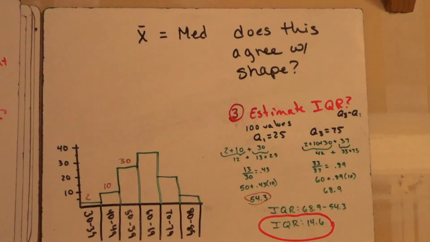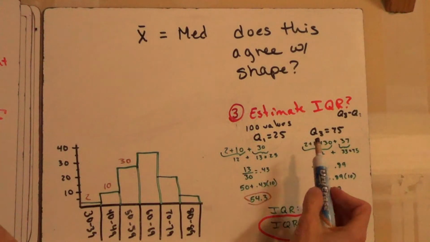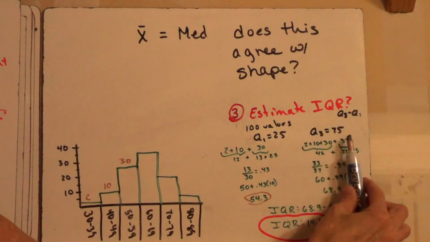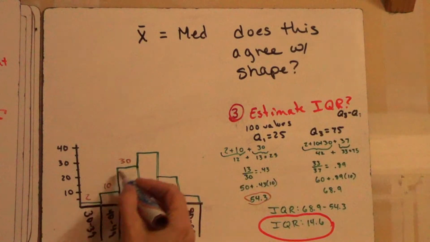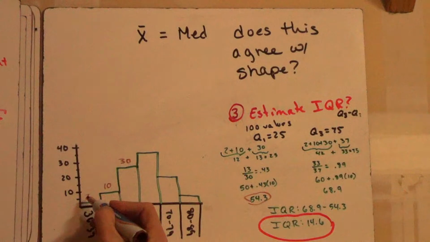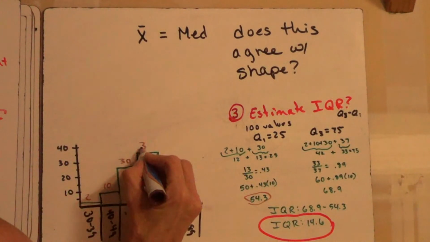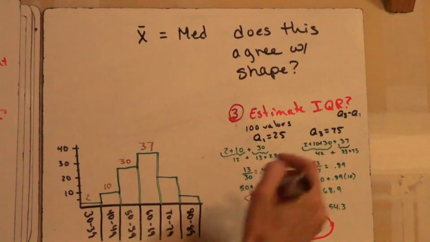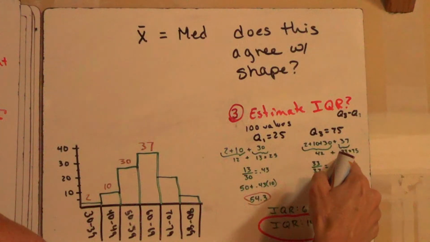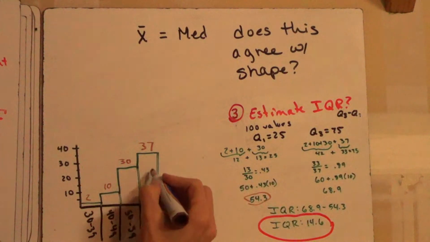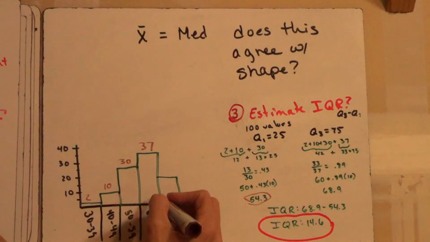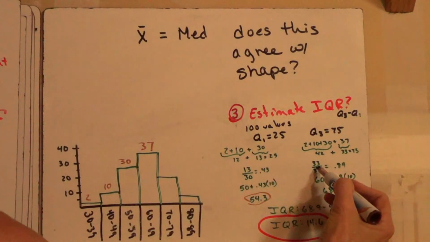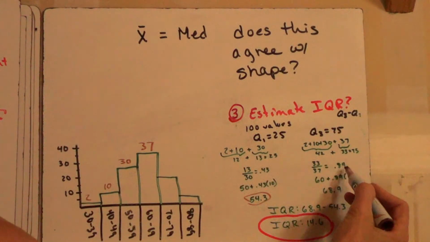On my upper quartile, I realize I need to get up to 75, so I add all these, 2, 10, 30, that's 42. My next column is 37. Well, 42 plus 33 is 75, so it's going to be near the end of this column. So I take 33 divided by 37, I get 0.89.